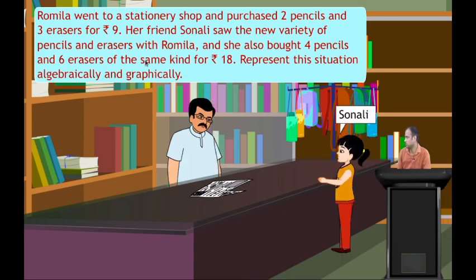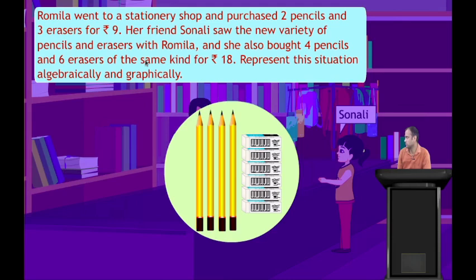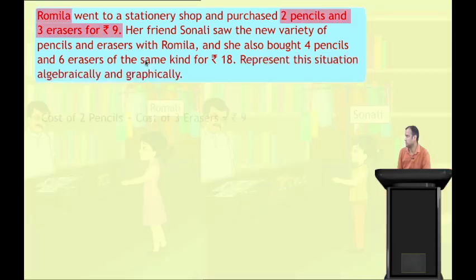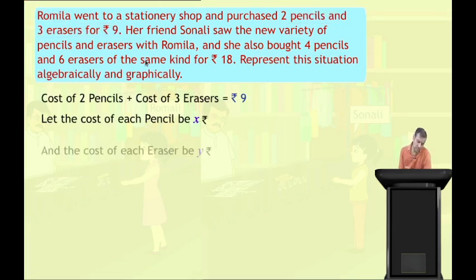Now her friend Sonali came to the shopkeeper and she also bought 4 pencils and 6 erasers of the same kind. And now it cost her ₹18. So this is our first question. It is cost of 2 pencils plus cost of 3 erasers equals ₹9.